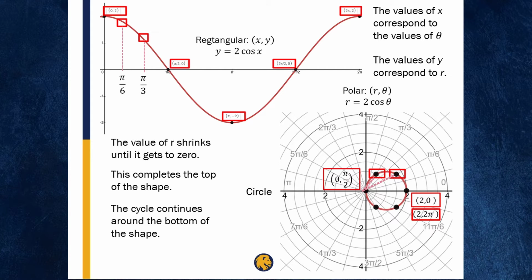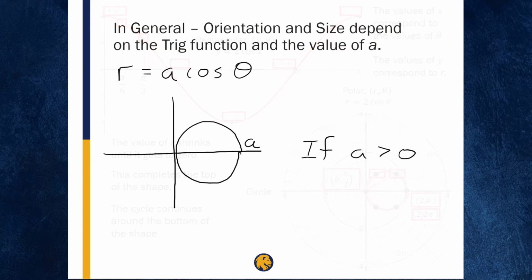Now this actually makes the shape of a circle, and is in general going to relate to the equation of a circle in polar coordinates. In general, the orientation and size of our circles in polar coordinates will depend on which trig function there is and the value of a.